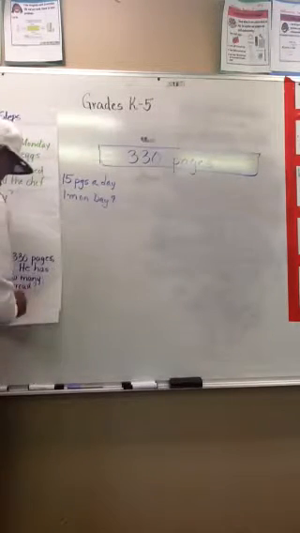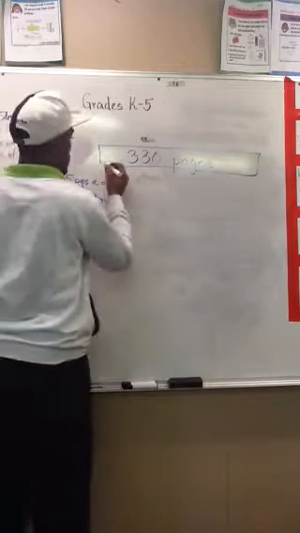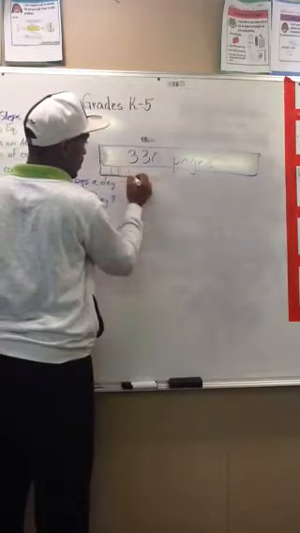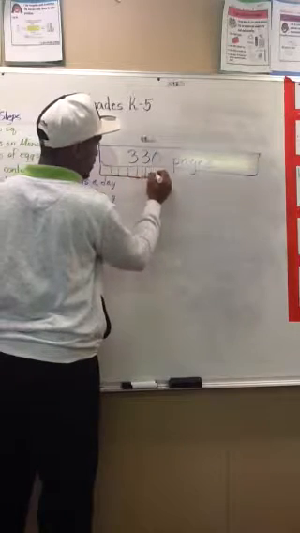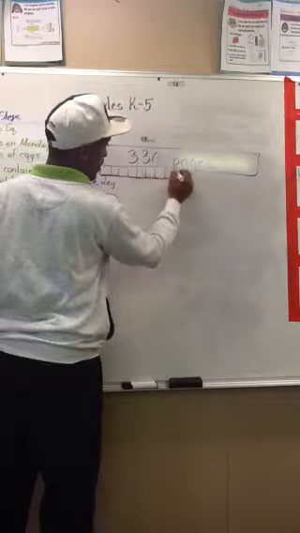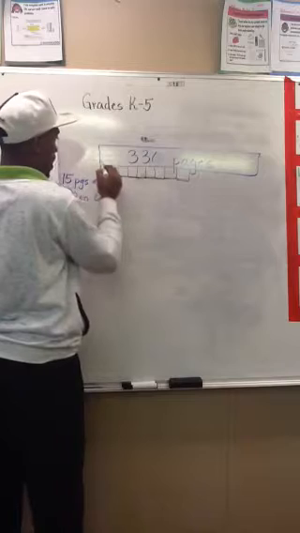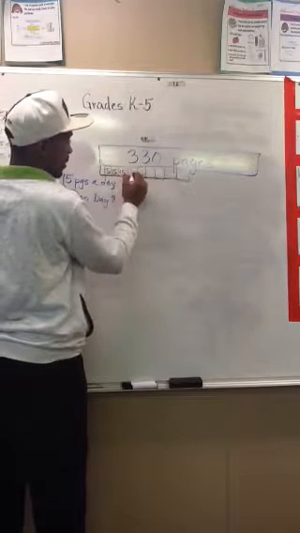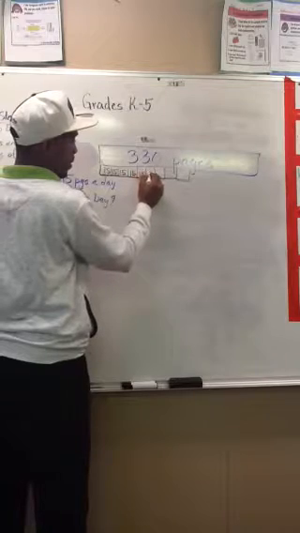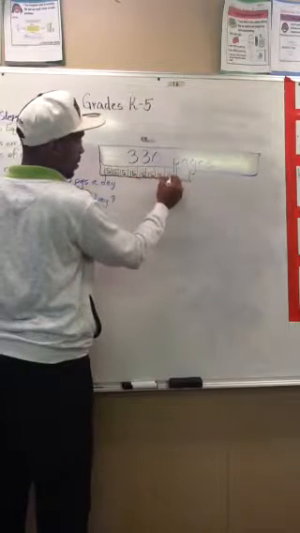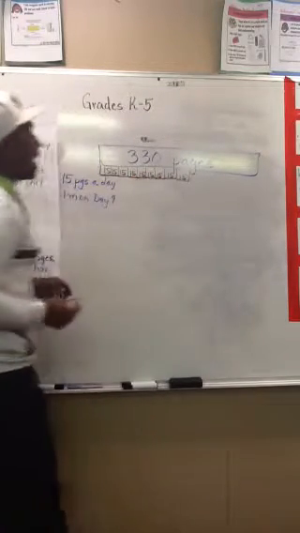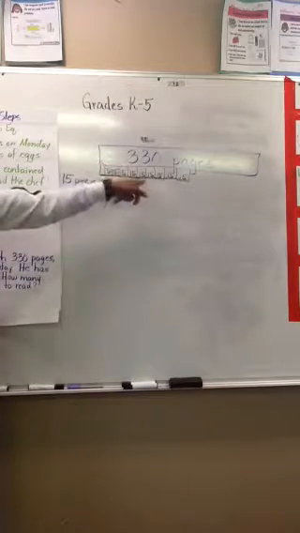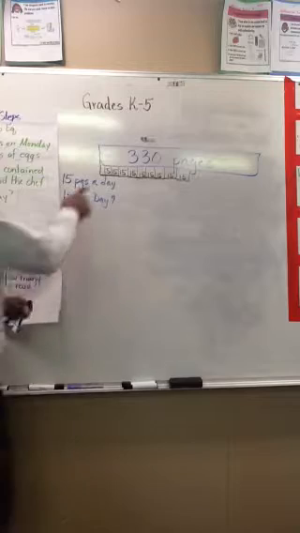So if I draw some little bars up under here, 1, 2, 3, 4, 5, 6, 7, 8, 9. And I'm reading 15 pages each day. Now, I need to add these to see how much of the 330 pages I've already read.